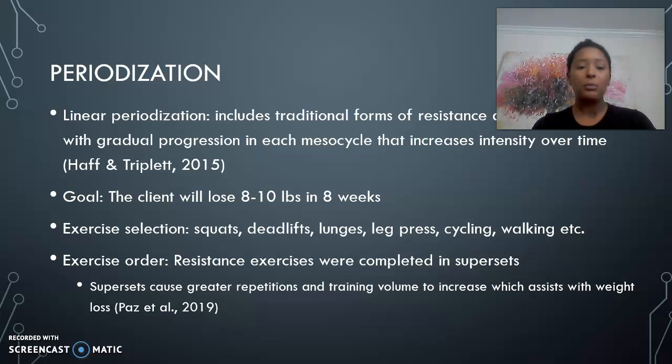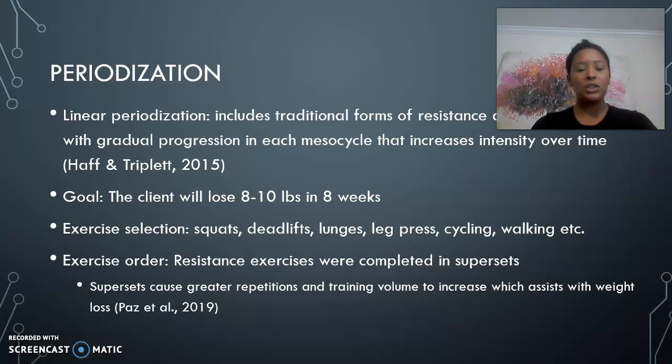A few examples of the exercise selection were squats, deadlifts, lunges, leg press, cycling, walking, burpees, just a variety of exercises to be able to achieve that goal that we set of losing 8 to 10 pounds in the 8 weeks.